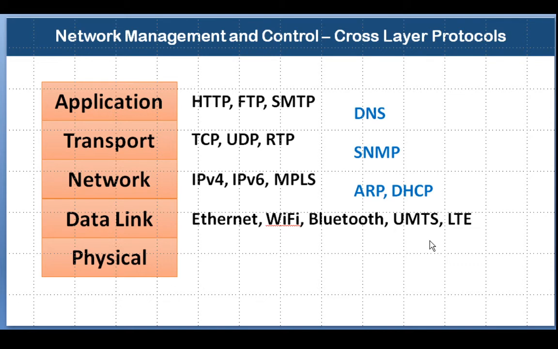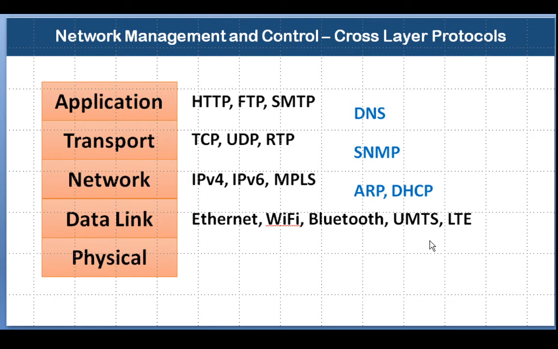And in between the layers, there is network management and control, or there are cross layer protocols. यह बहुत अच्छी समझने वाली चीज़ है कि डेटा लिंक लेयर और नेटवर्क लेयर के बीच में हमारे जो क्रॉस लेयर प्रोटोकॉल्स हैं वो कौन से हैं. ये वाइवा में या इंटरव्यू में बहुत पूछे जाते हैं, that ARP and DHCP is which layer protocol. So sometimes when you say it is a data link layer protocol, you are wrong.